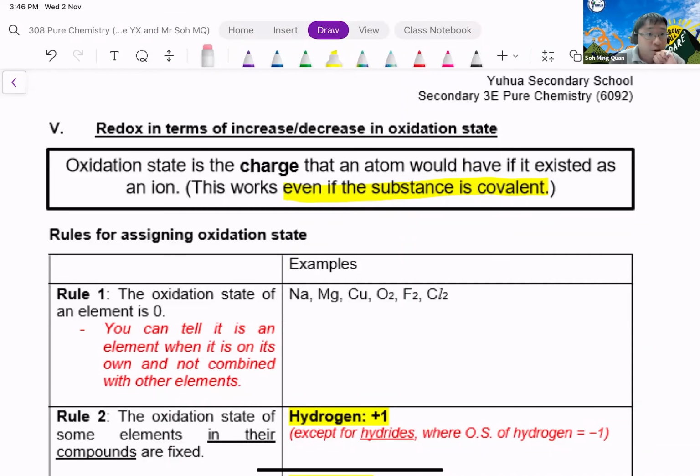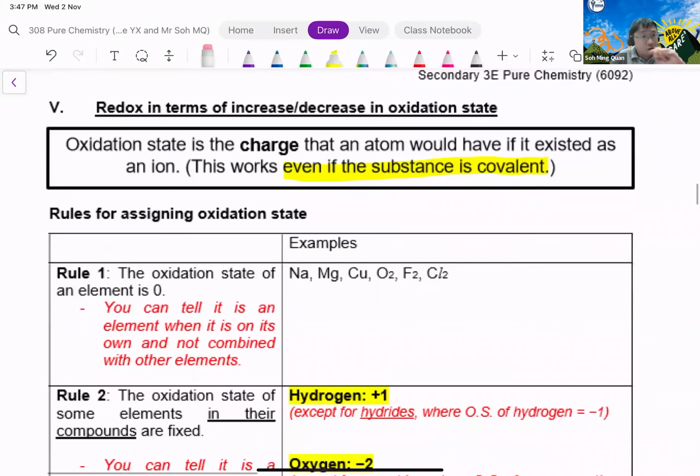Okay? Now, the way to do this is that you need to follow the rules for assigning oxidation states. Briefly speaking, there are 3 rules. If you look at a textbook, there might be more rules, but I've summarized it into 3. Okay? Now, the first rule is the most important rule, which is the oxidation state of an element is 0. Now, what do I mean by element? Element means it's on its own.